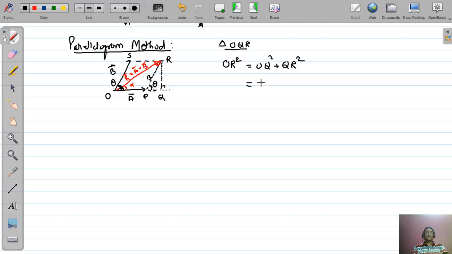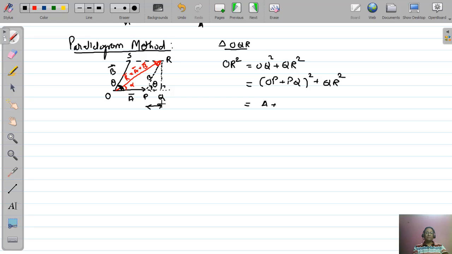Or it can be written as OQ can be written as OP plus PQ. (OP plus PQ) squared plus QR squared. This is equal to, OP is the length of vector A, that means its magnitude is A, plus PQ is this length, which can be found using trigonometry in this triangle.